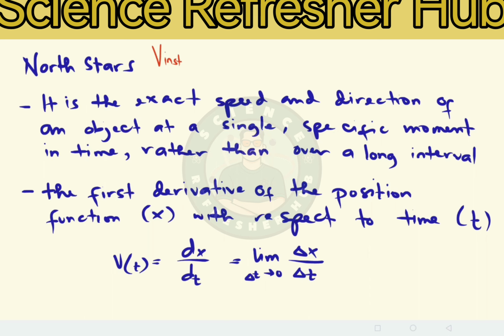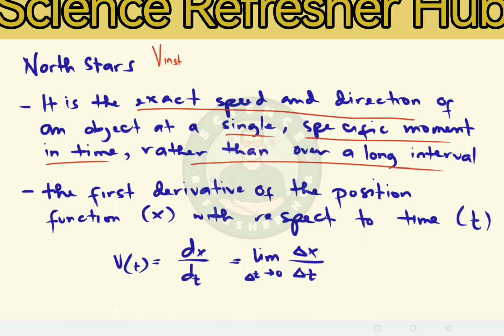It is the exact speed and direction, that's velocity, of an object at a single specific moment in time rather than over a long interval. Let's say, for example, what is the instantaneous velocity at 9 seconds? So we will just be focusing on that specific moment in time, which is 9 seconds.